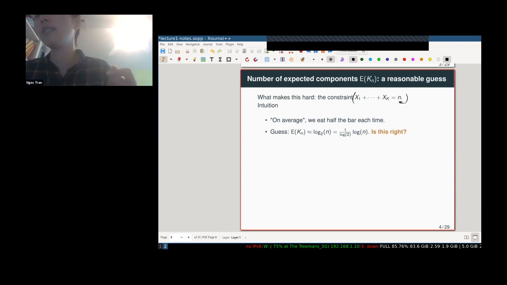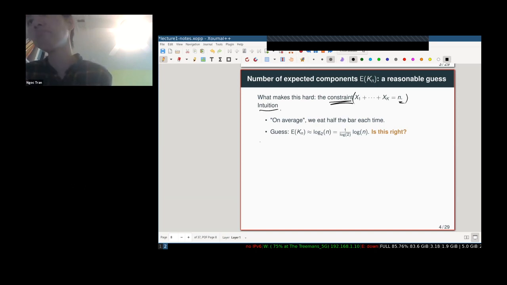So it induces dependencies between x1 up to xk, and that is exactly what makes it difficult to work with. This constraint comes from the way we constructed it, which is that x2 has to be a partition of the remaining part.